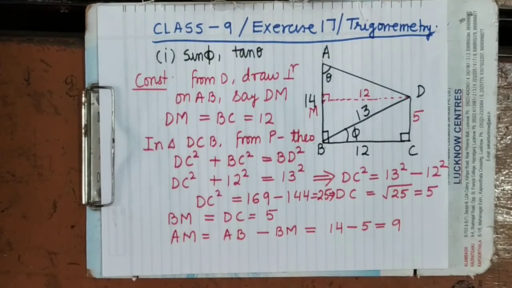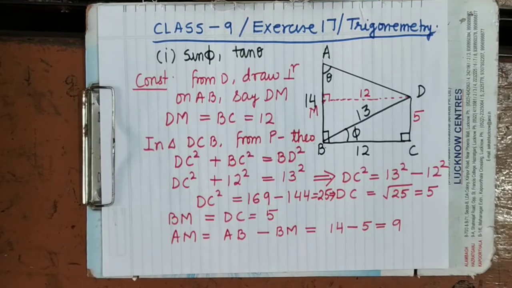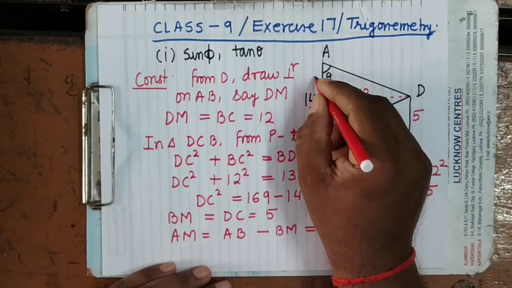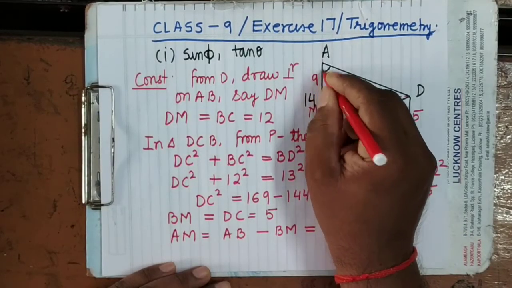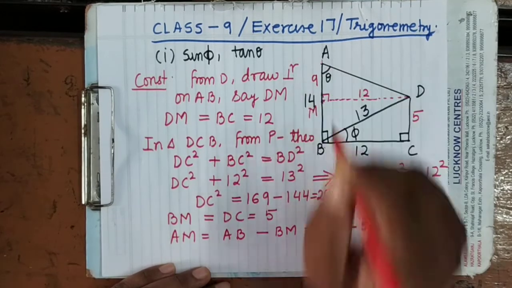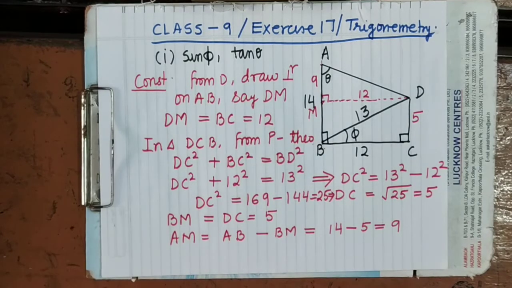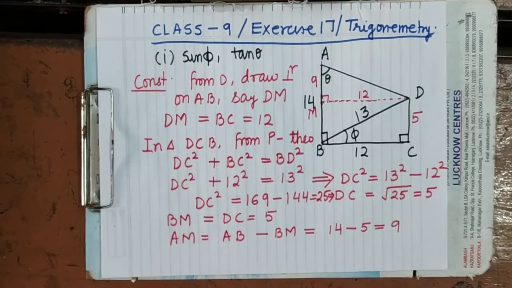It is clear? So you have determined AM equals 9. That I am writing: AM, from A to M, is equal to 9. Now see here, how will you do it further?